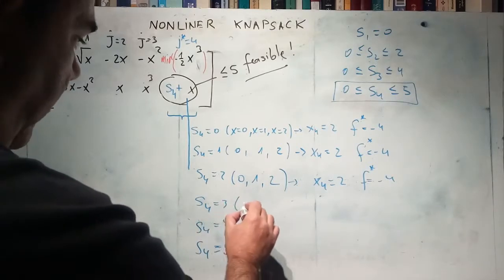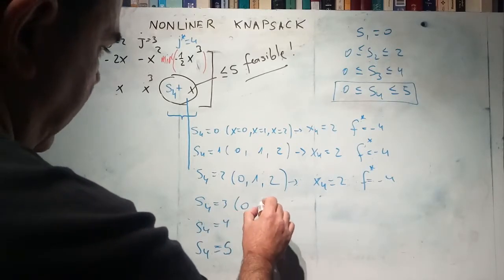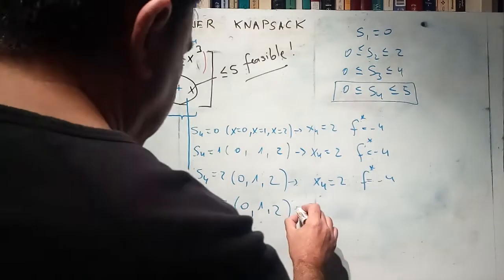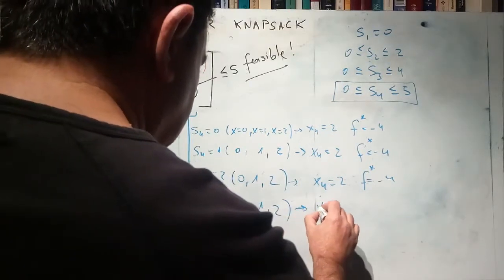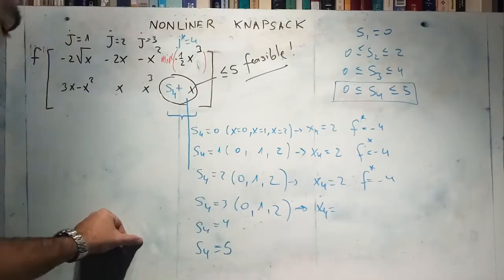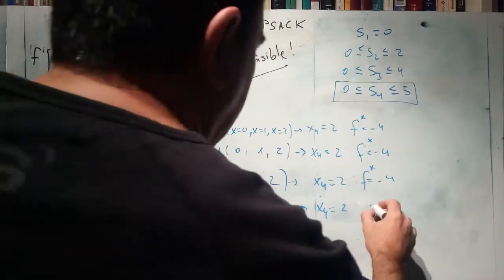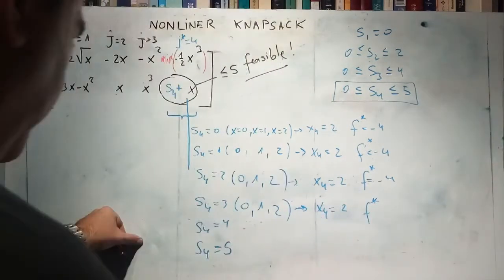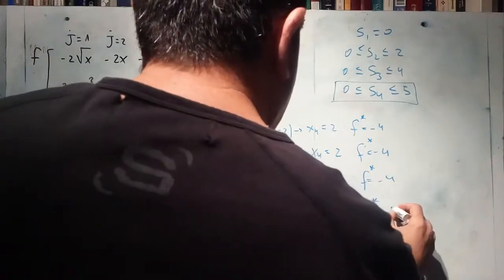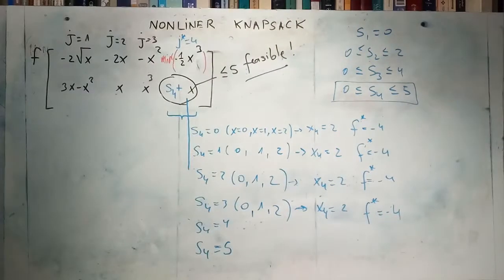The same for S4 being 3, evaluated at 0, 1, 2 for the values of X. This is giving us X4 with a value of 2 and F star, the minimum, of minus 4 again.